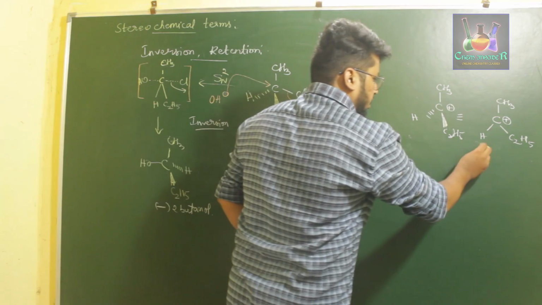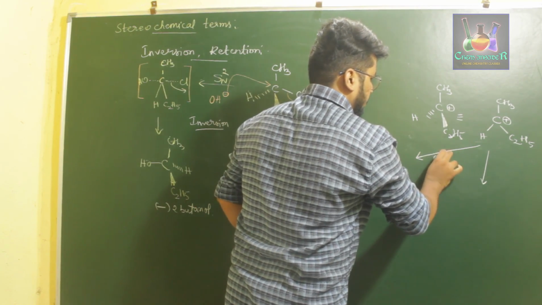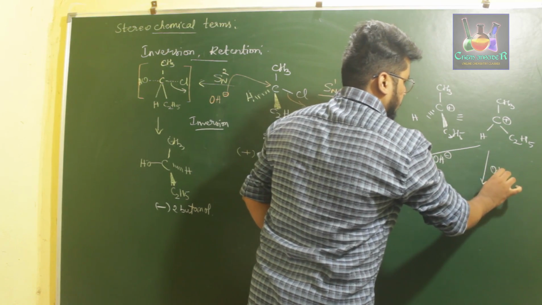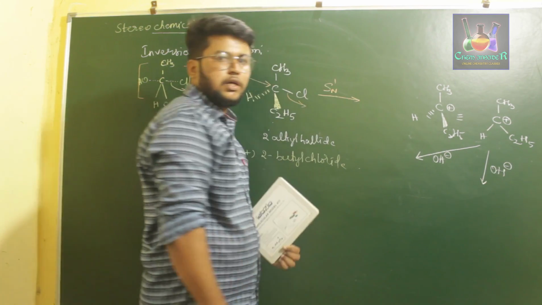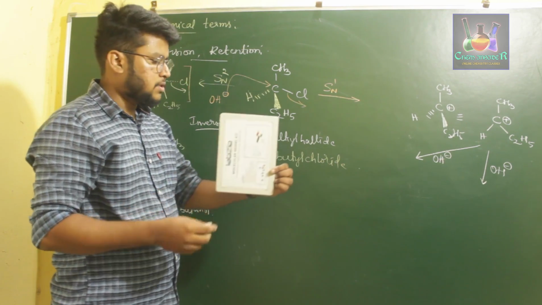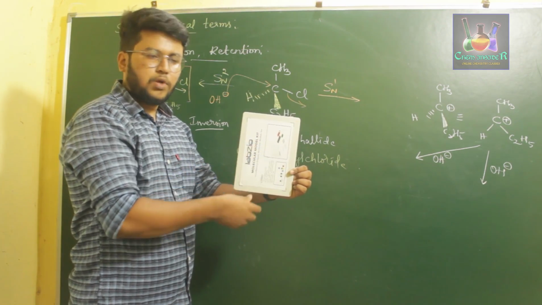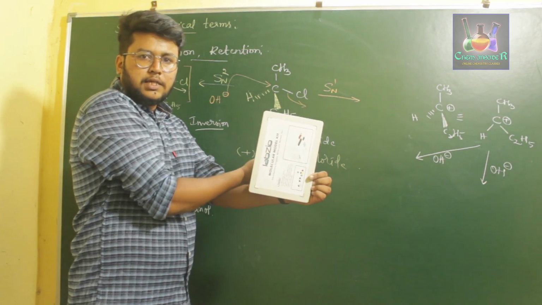When we treat our nucleophile, when we attack OH minus on the carbocation, it can take place in two ways. The OH minus can attack from the front side, or it can attack from the back side.